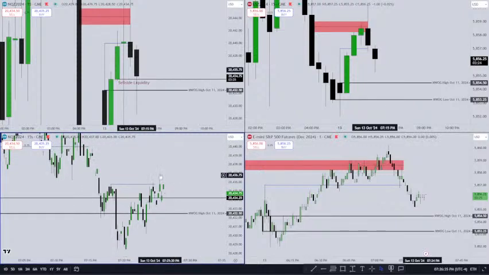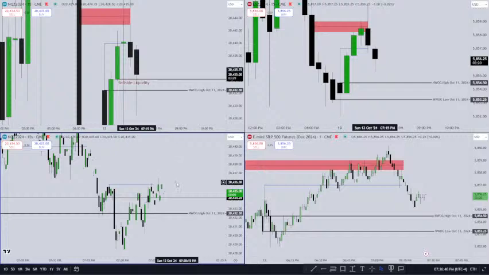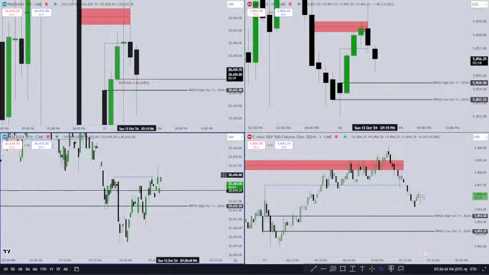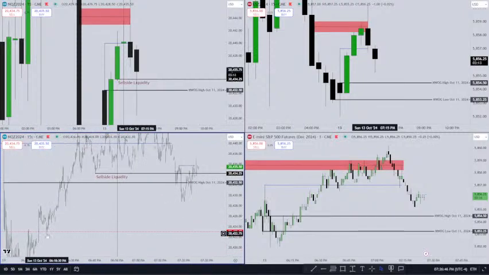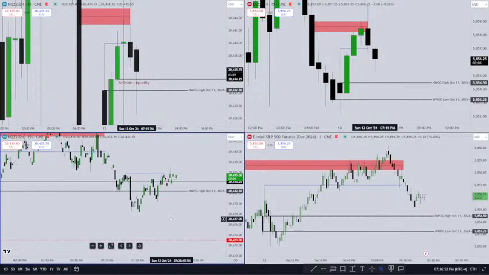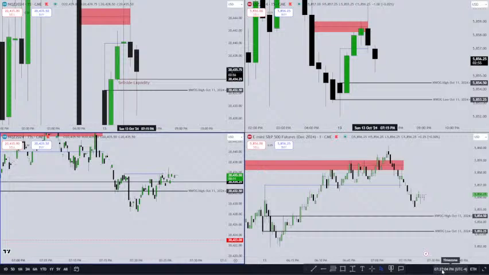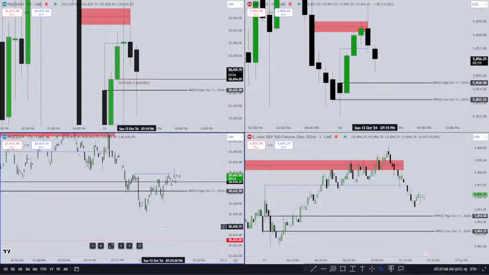But if it goes any higher than this, then I'd be actually more than happy to see that, because that means that essentially it probably is not in a hurry to get down to this consequent encroachment and then fill in this little gap right here. So because it's not in a hurry, it would pan out longer than 7:30 is what I'm saying.